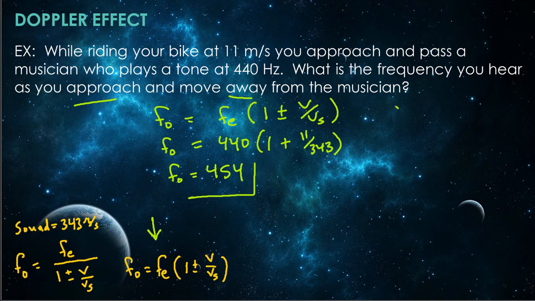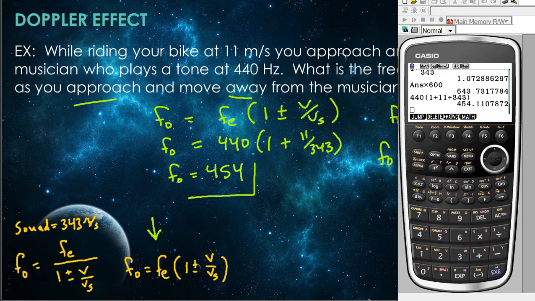Now we're going to do as we move away. Same formula. And this time it's going to be a minus. And I'll just go to the calculator here and just switch that one sign from a plus to a minus. And we get 426.